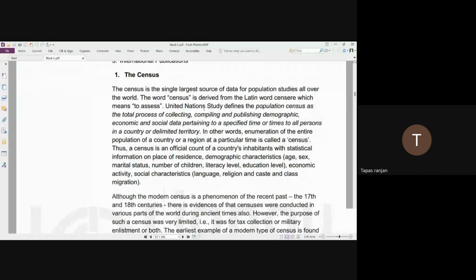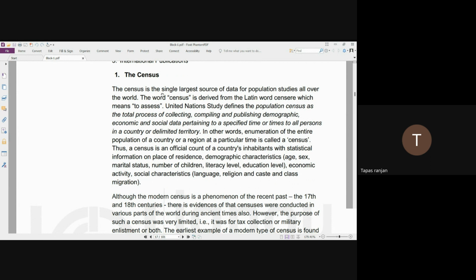Okay, so census, it is only around, I think, the 17th or 18th century. A lot of the Western countries, mostly the European nations and the USA, started the concept of census. Now the census came from a Latin word, which means basically to assess.